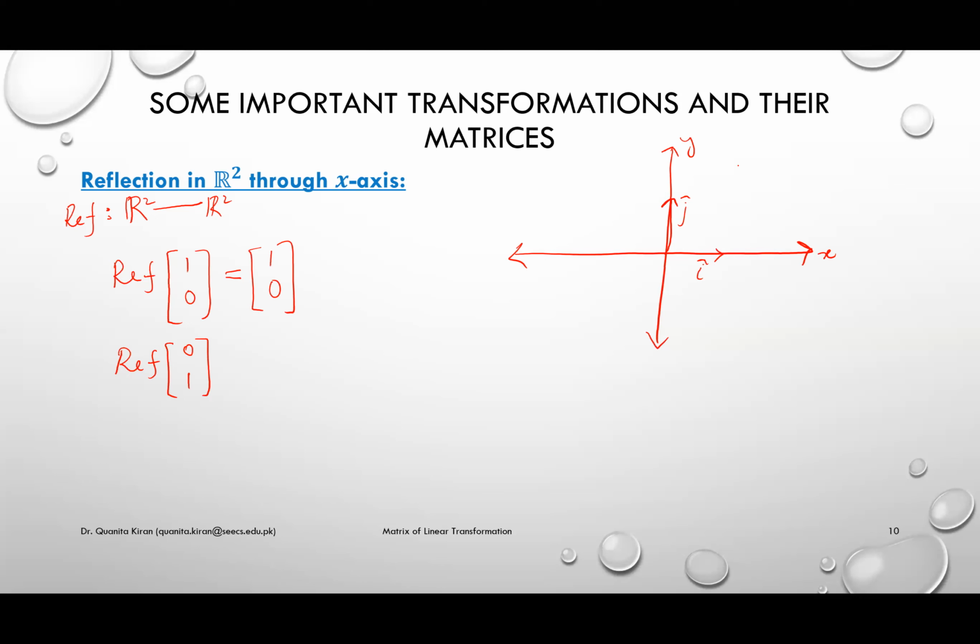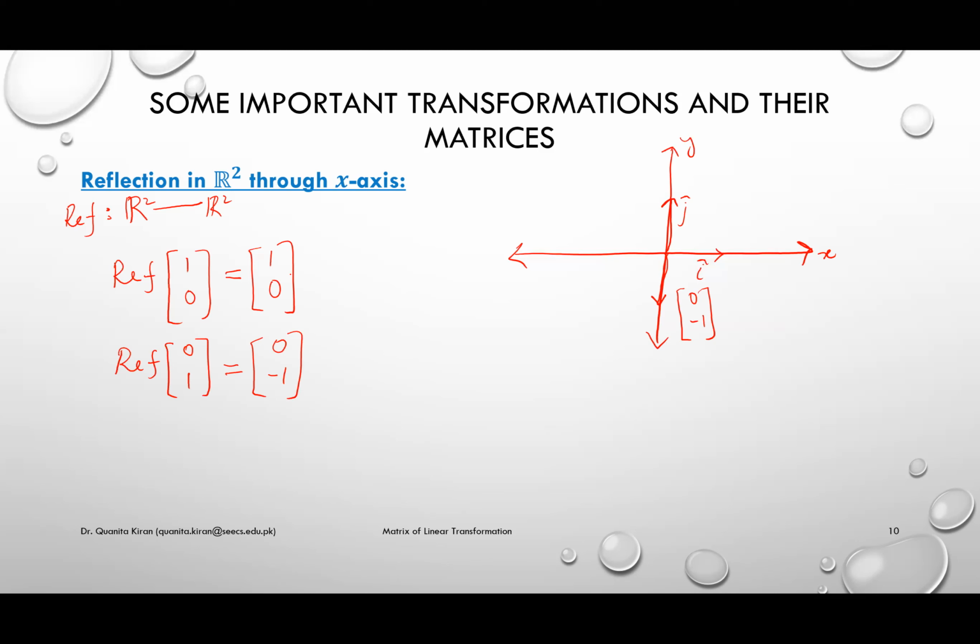Any vector above the x-axis has its reflection below the x-axis, so the vector j must map to its equal and opposite reflection, that is (0, -1). So reflection maps (0, 1) onto (0, -1).